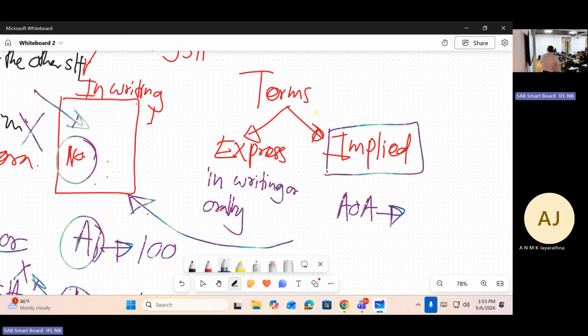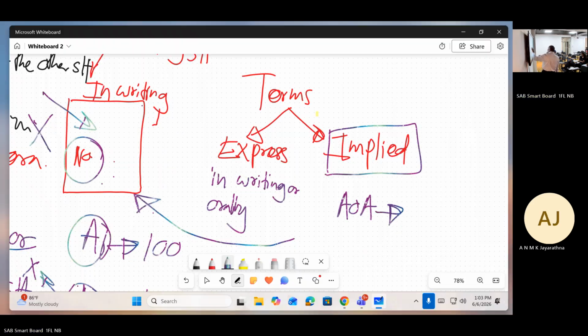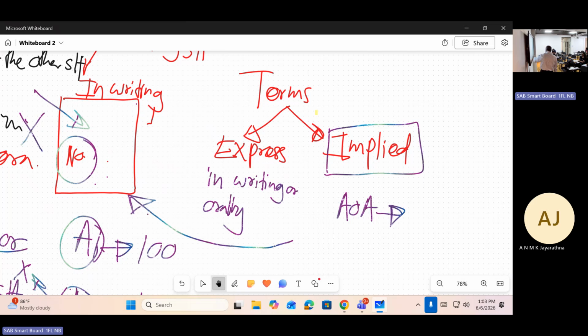Understood? Now, when we consider the provisions related to directors, lawyer, accountant, secretary, or whatever, other than shareholders, those provisions may be treated as implied terms.